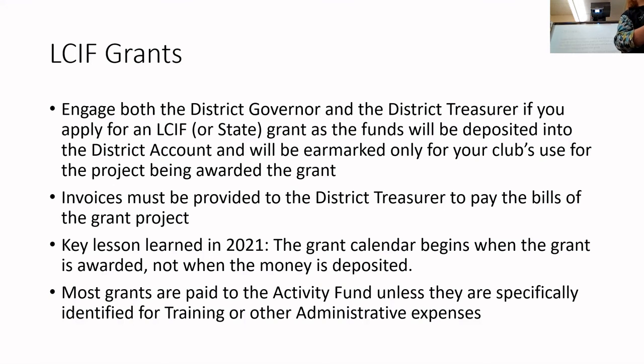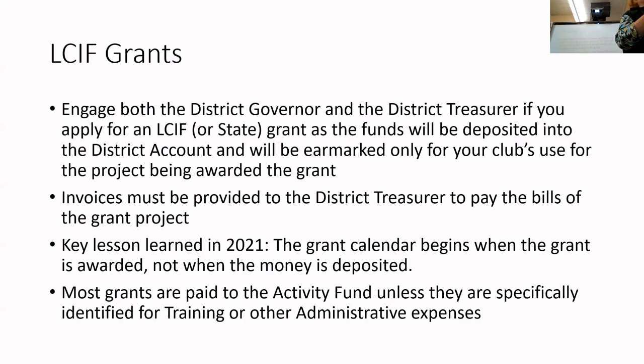But we received a grant for that. So there are all kinds of grants, and if you search around, you can find a grant for almost anything you want to do. And if you need funds to do service projects, explore the grant avenue.